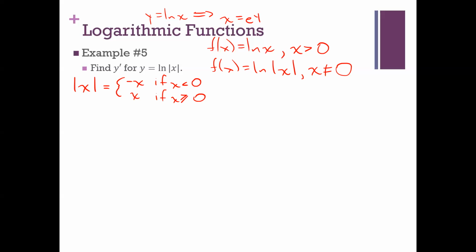If it's a positive number coming in, you just pass it along to the output. If it's a negative number coming in, you flip the sign and then pass it to the output. So based on that, I can say this: y is equal to the natural log of negative x if x is less than 0, and the natural log of just x if x is greater than 0. Can't be equal to 0, but I can split it up that way.